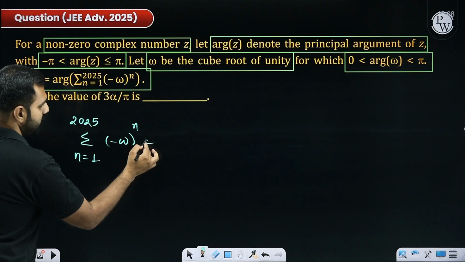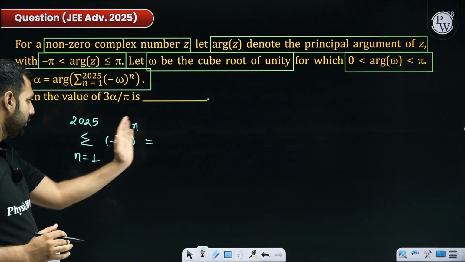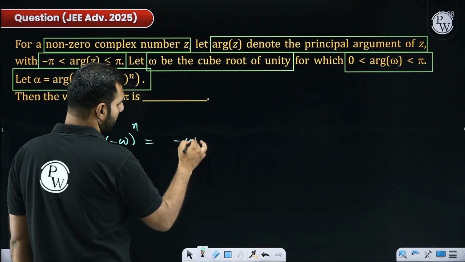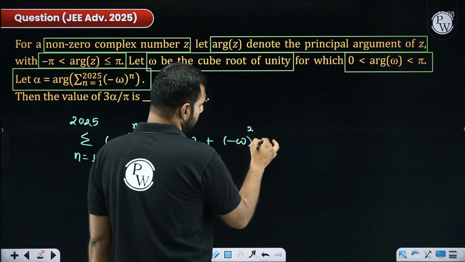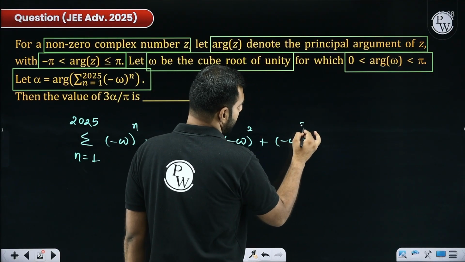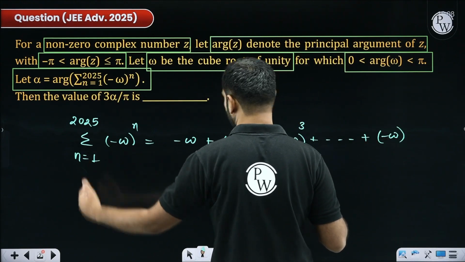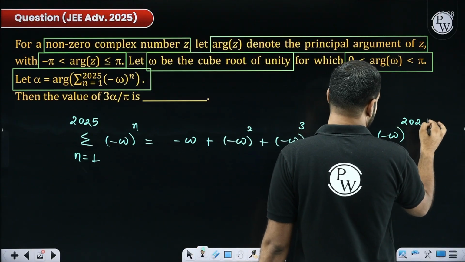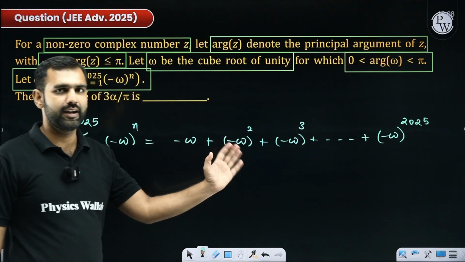So let's simplify this. N placed as 1, 2, 3, 4, 5, I'll get minus omega to the power 1, then plus minus omega square, then plus minus omega cube, and so on until the last term, which is minus omega to the power 2025. Now, is it not looking like a GP?